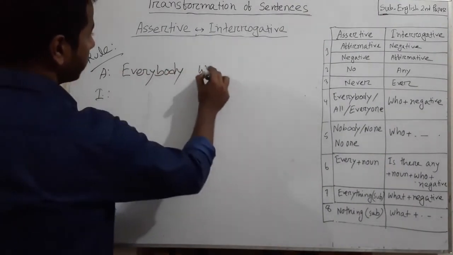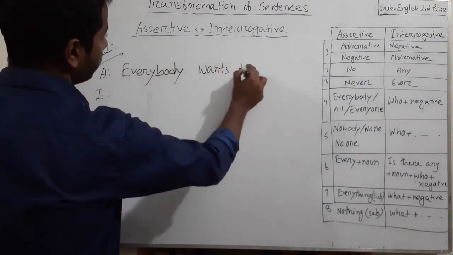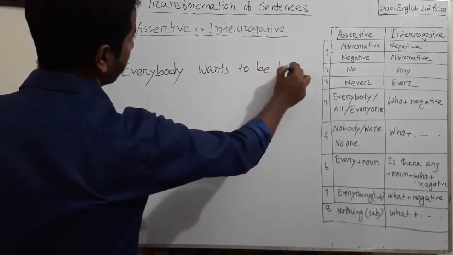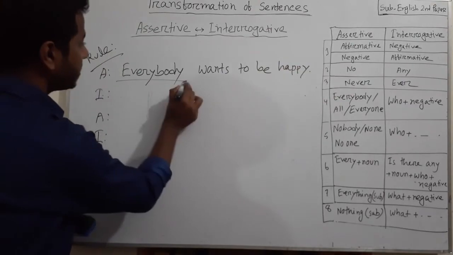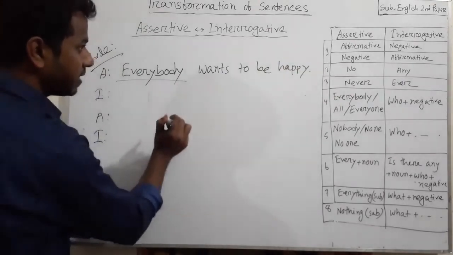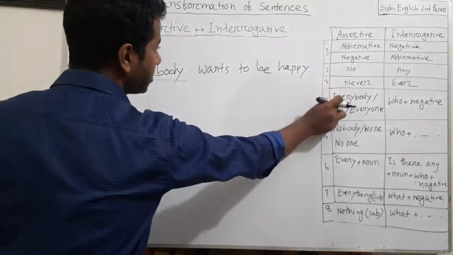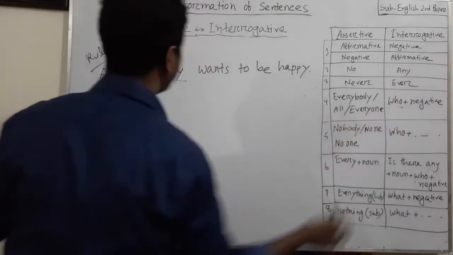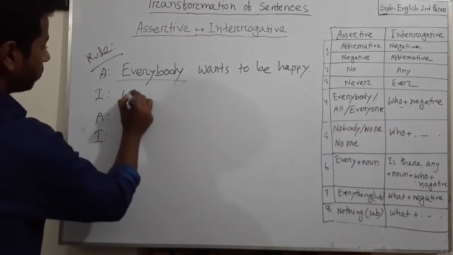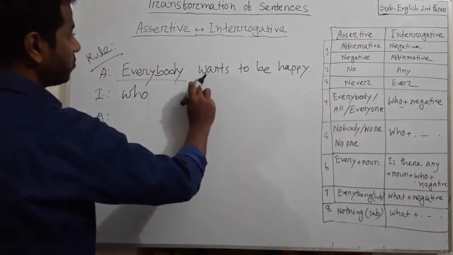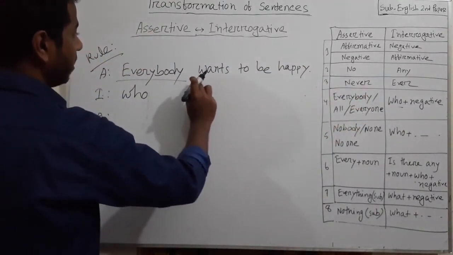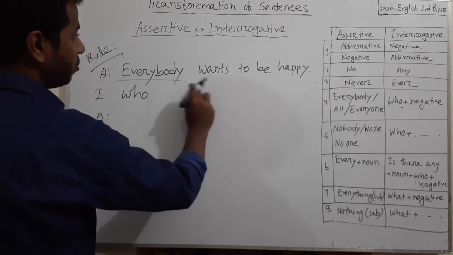Everybody wants to be happy. So in the assertive sentence there is everybody as subject. So in the interrogative sentence, instead of everybody we have to write who, then the sentence will be in negative form. So if we want to make it negative, then we have to bring an auxiliary verb and not.